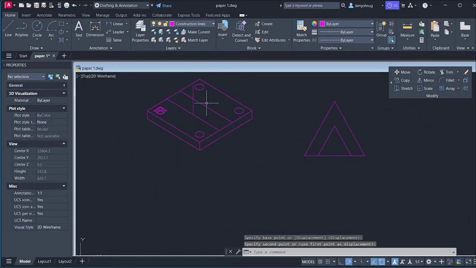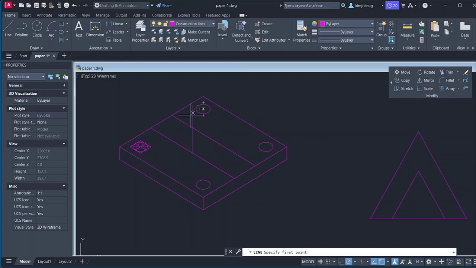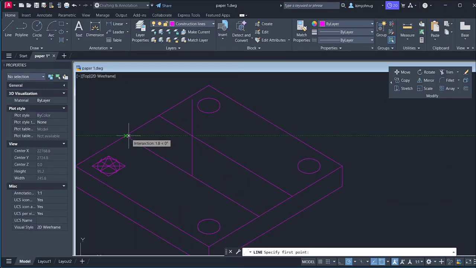That triangle, I remember I explained, means the center. So meaning I have to measure a distance here along this line of 18, because that's the thickness, right? So I select the line tool, I measure 18, then I join.